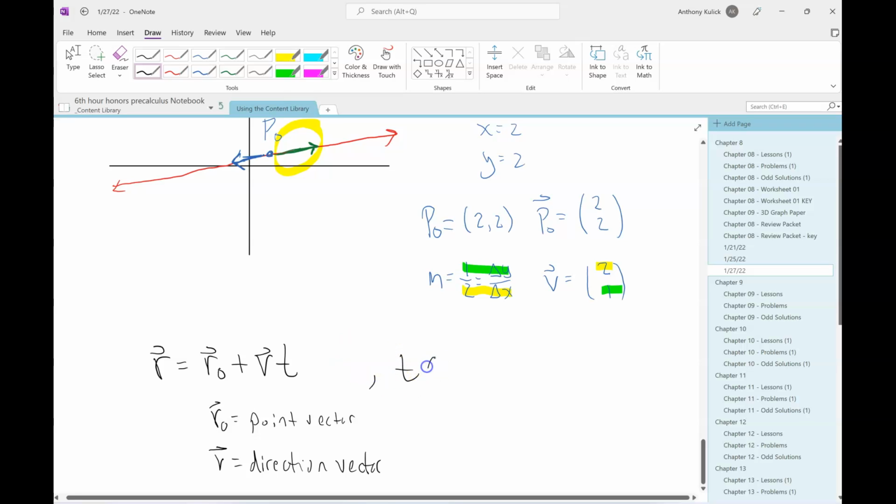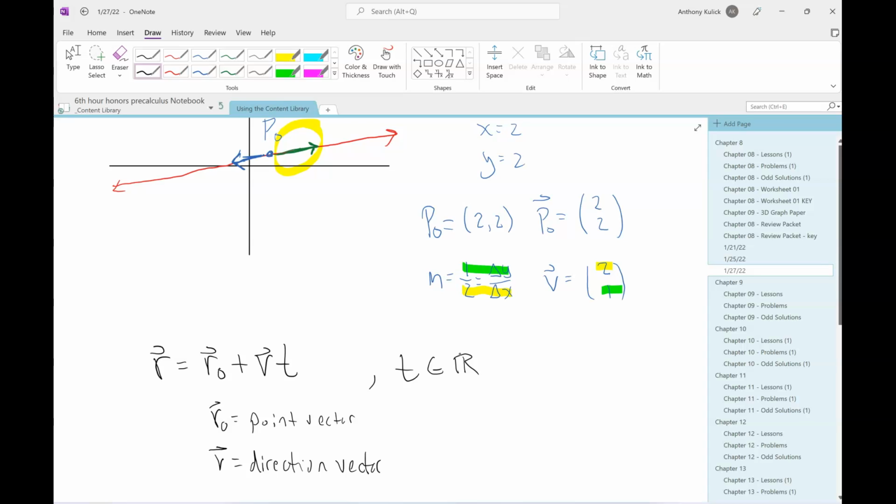And since t is just a real number, a scalar, t can be positive or negative, so it can give us the positive half of our line or the opposite direction negative half of our line. Everybody's cool with that?